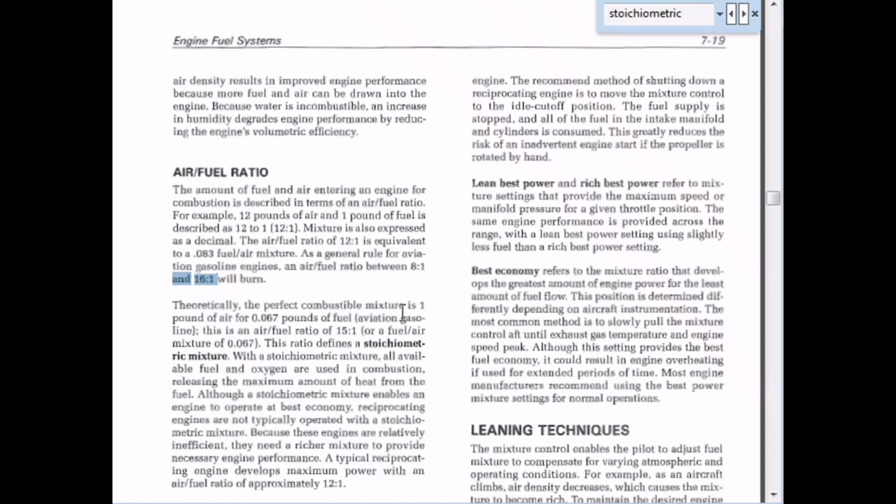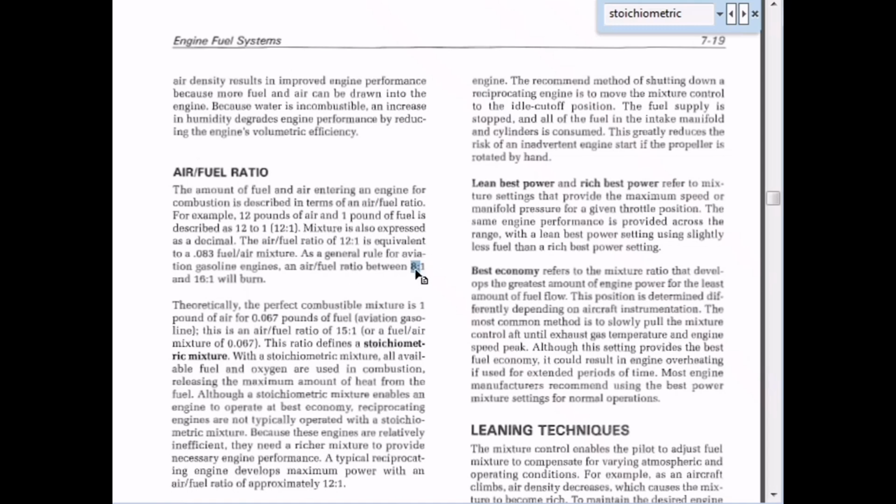Jadi untuk aviation gasoline dia punya air ratio ni, dia punya ratio ni in pound in weight. So 8 pound of air tu sebenarnya 78% of nitrogen, 21% oxygen, 1% of other gases.